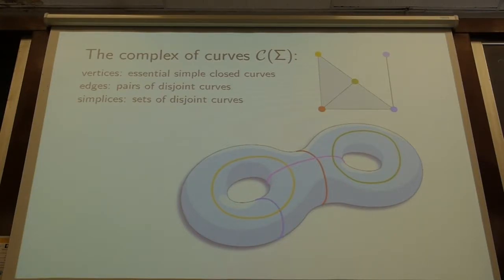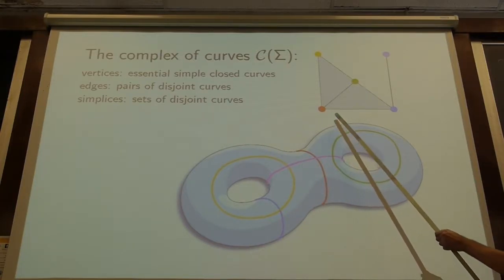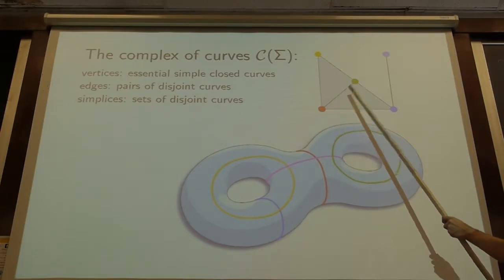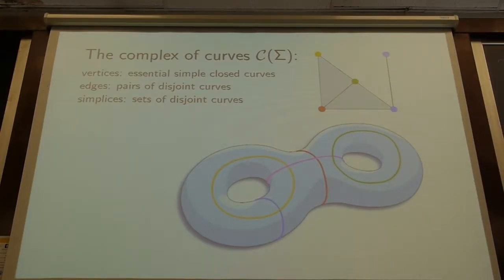The blue loop here is disjoint from the red, so we have an edge between them, but the red and the purple intersect each other, so they don't have an edge between them. And then, as Saul alluded to, you can fill in higher dimensional faces, in this case triangles, whenever you have three vertices where the loops are all disjoint. Is that okay? Okay.